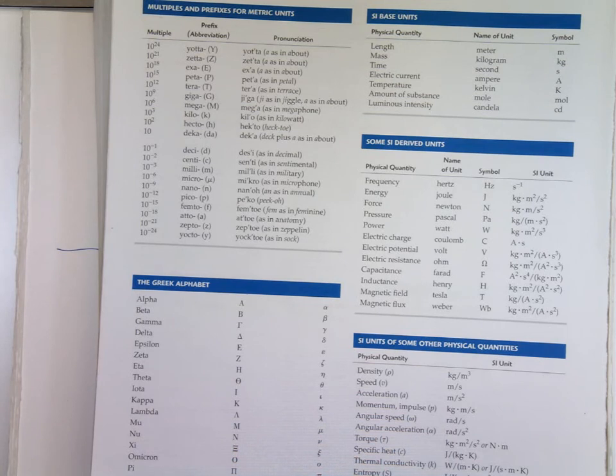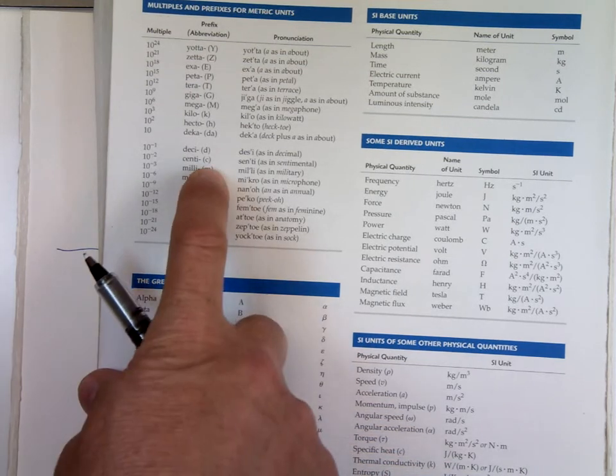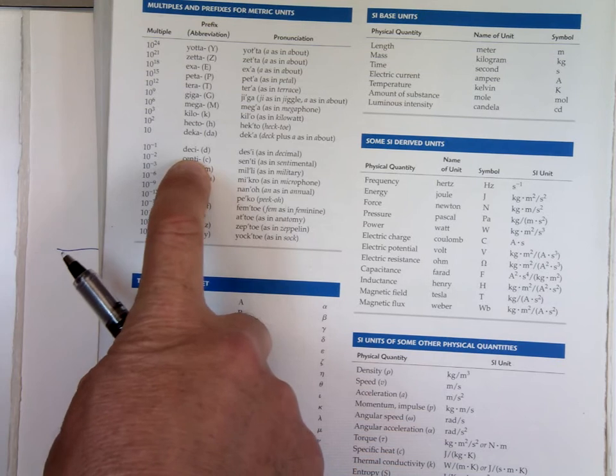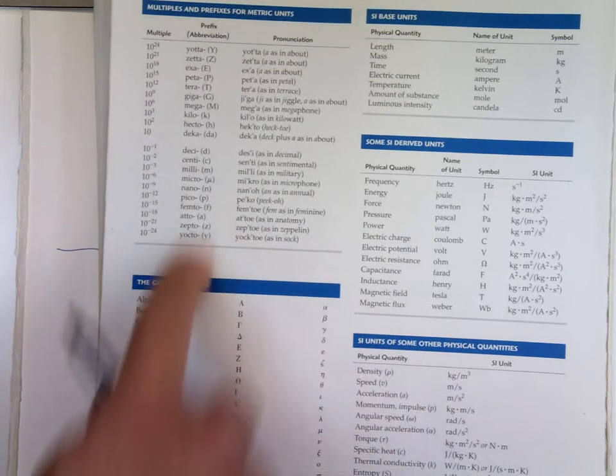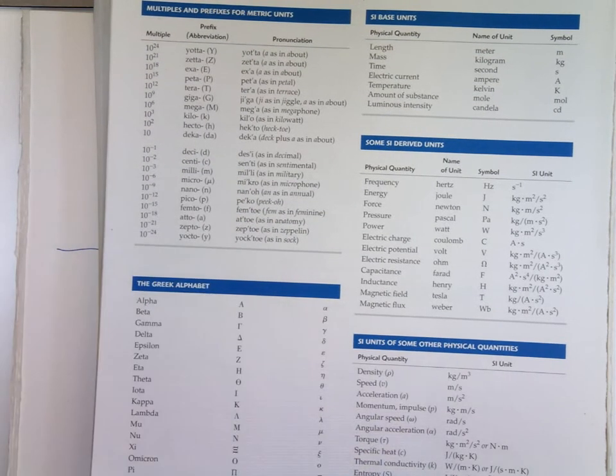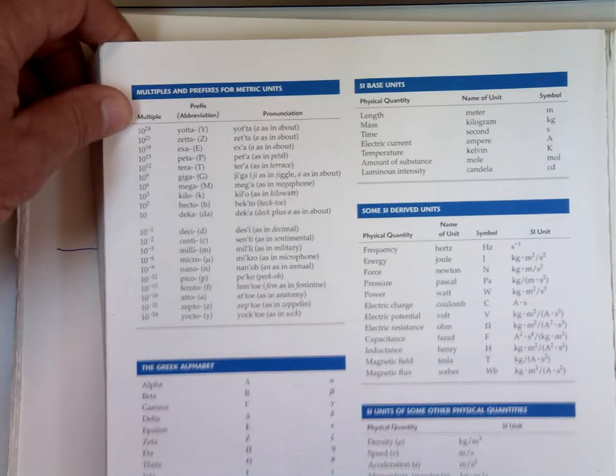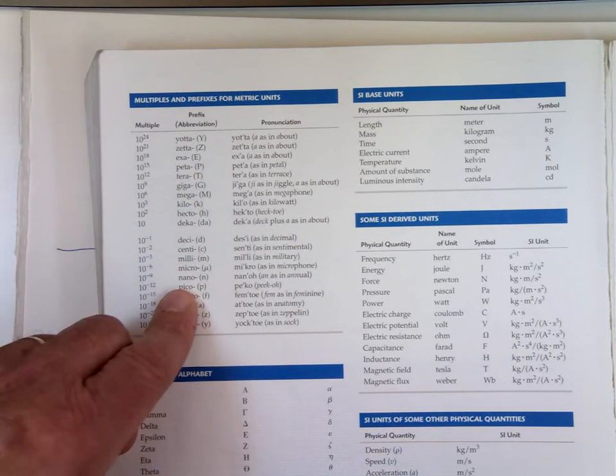Milli is 10 to the minus 3. Centi is 10 to the minus 2. That's a hundredth actually. And deci is a tenth. I might even snapshot that later for you to put in your notes.